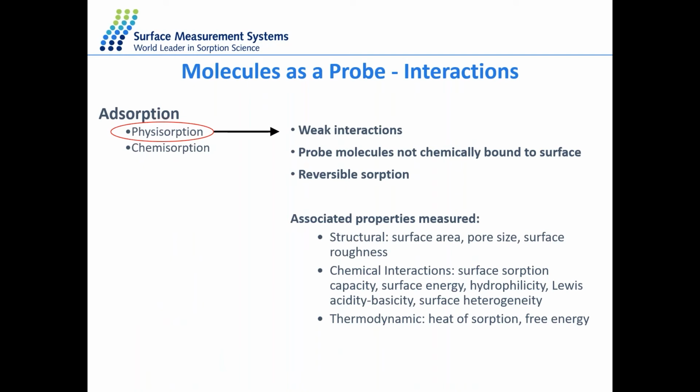It's usually a reversible process because the energy involved with the interaction is very weak. However, this gives us a lot of information regarding the structure, specifically the surface structure of the material. Surface area, pore size, and surface roughness can be analyzed using solvents that interact only with the surface of the material.